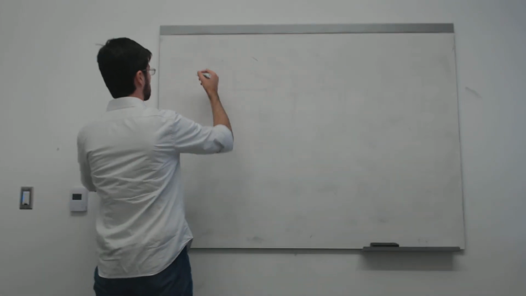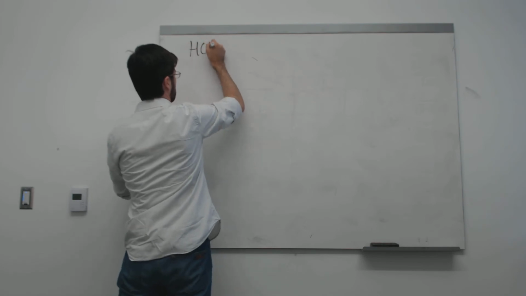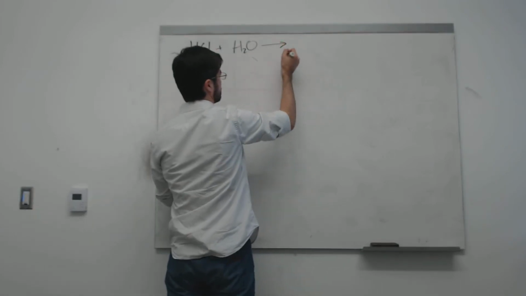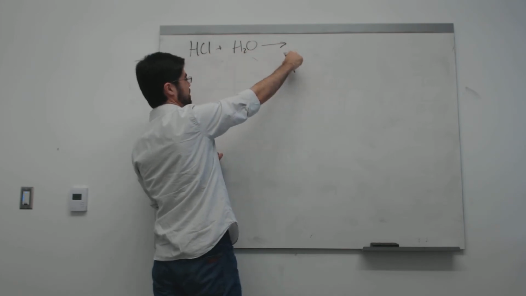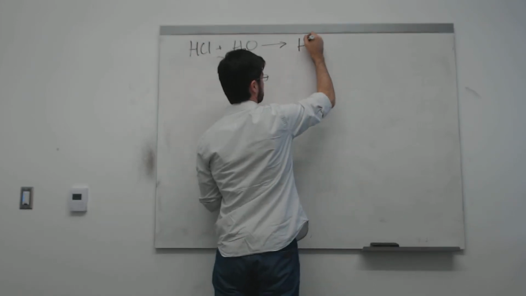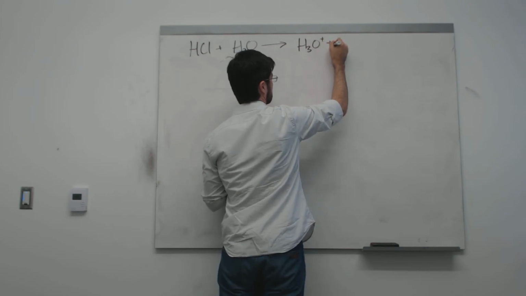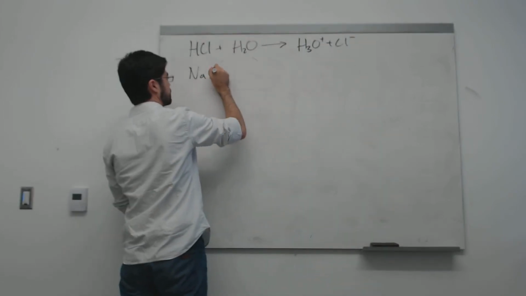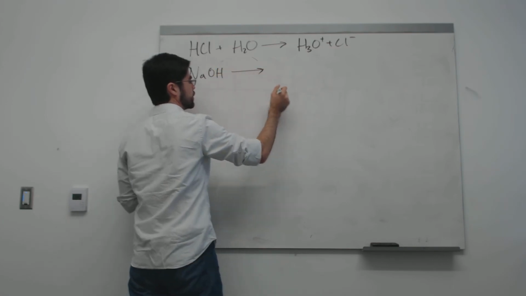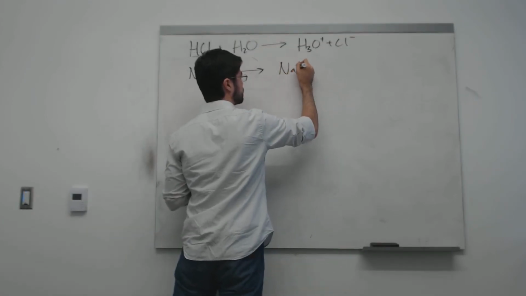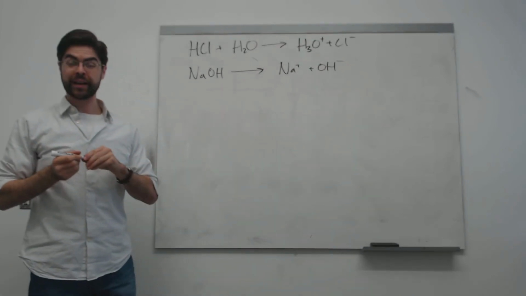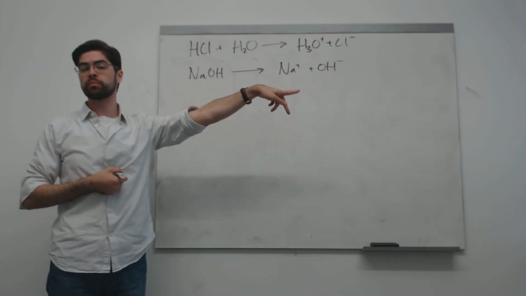Consider these two strong acids, HCl, which again I am writing as going to completion, not an equilibrium reaction, and sodium hydroxide going to, I will emphasize here, again, these are going to completion.